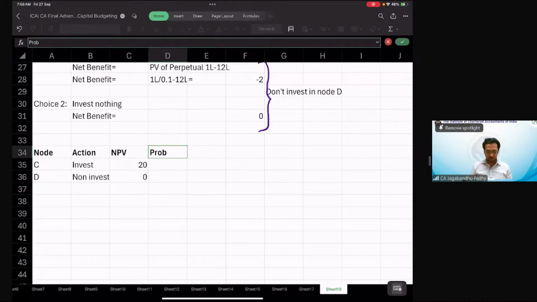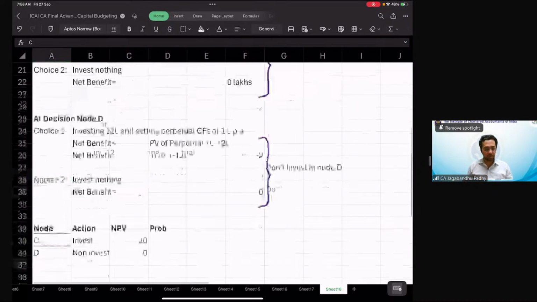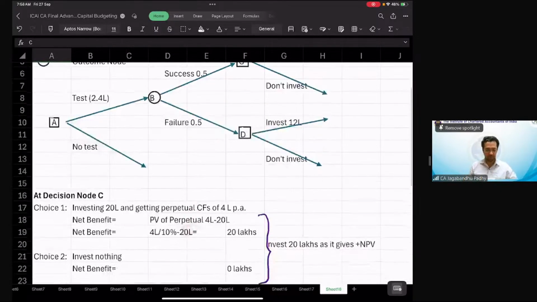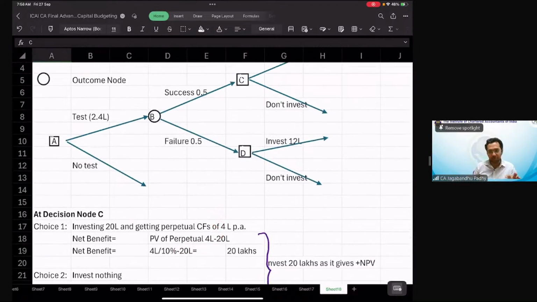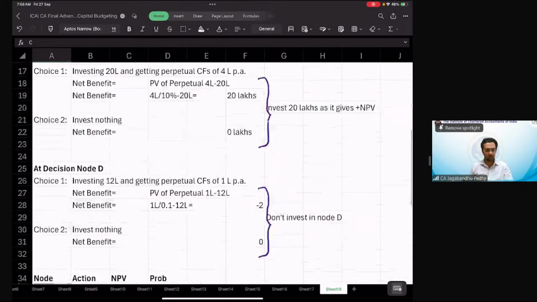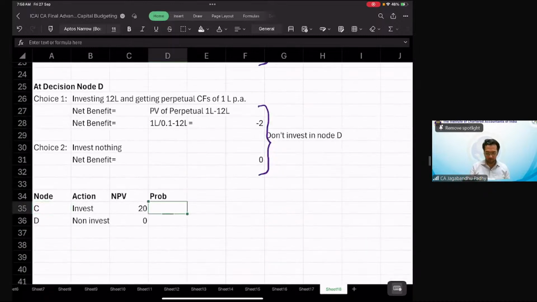What is the probability that at C you're going to get a benefit of 20 lakhs? Benefit of 20 lakh is possible provided there is a success. So success probability, can I say 0.5?